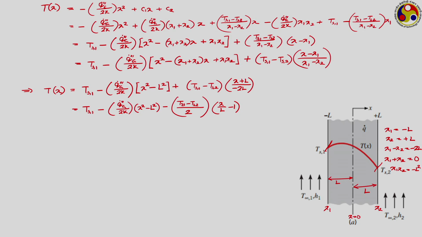Quite often instead of expressing it this way, we would like to express it in a more compact form by doing some further substitutions. Ts1 minus, taking L square common, we can write Q0 triple prime into L square upon twice k, and writing this as positive, it becomes 1 minus (x upon L) whole square, or let me change the bracket for easier representation.